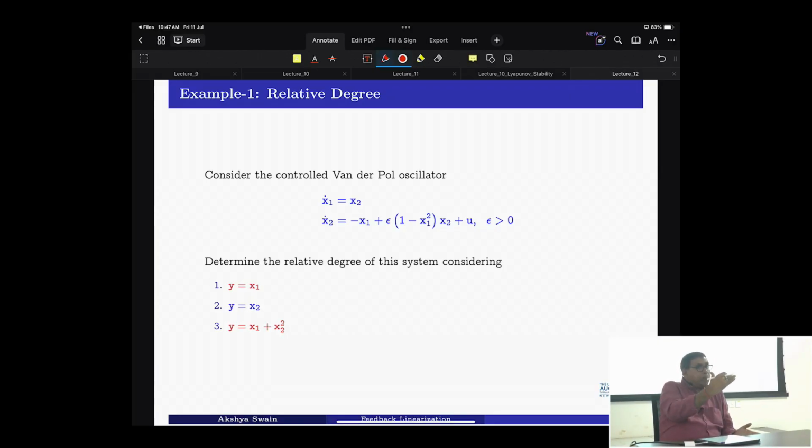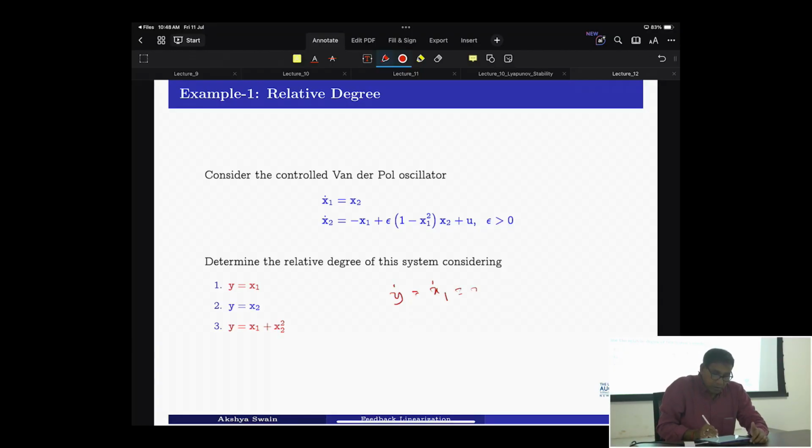The number of times you differentiate until u appears is the relative degree, right? Now y is equal to x1. Let us do it. Differentiate y. So what is y dot? It is equal to x1 dot, right? Y is equal to x1, so y dot, I am differentiating once, x1 dot. What is x1 dot? See the equation. That is equal to x2. Is u appearing? U is not appearing.